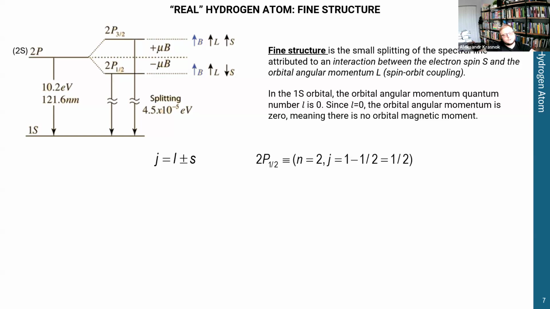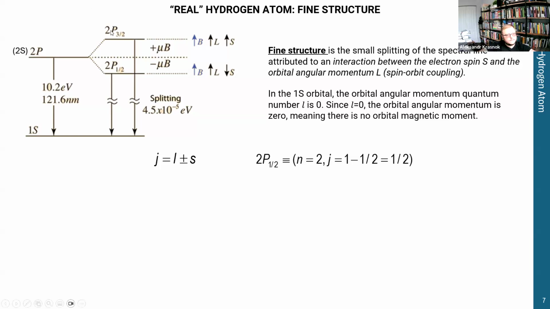Since now we're talking about two moments, one orbital and another spin, we need to bring another quantum number into the picture. It's called J. This J number is just the sum, plus or minus, of the orbital momentum and spin.